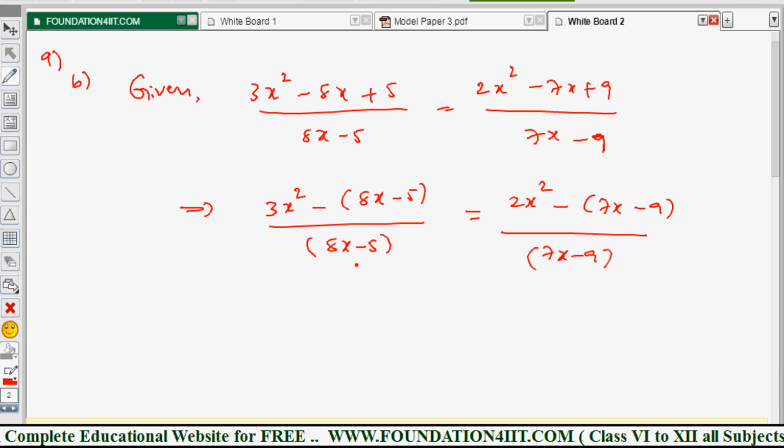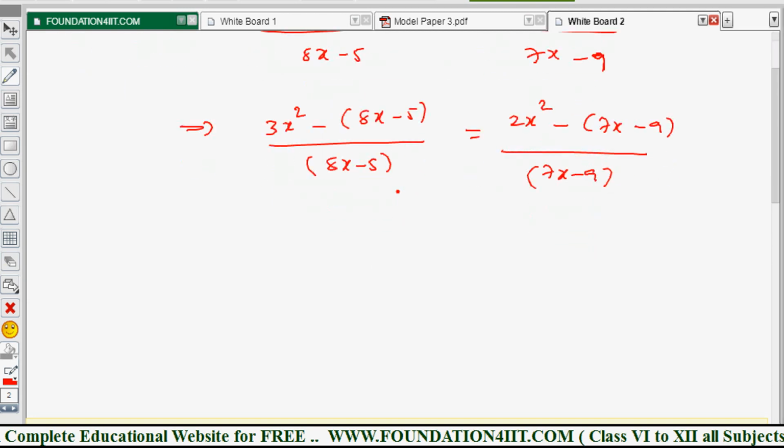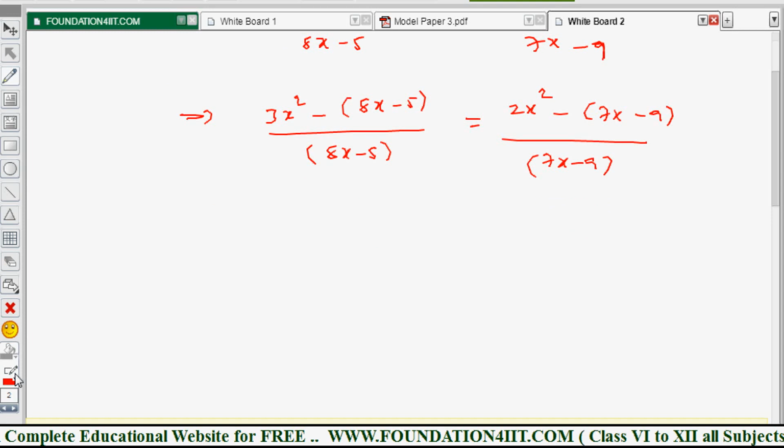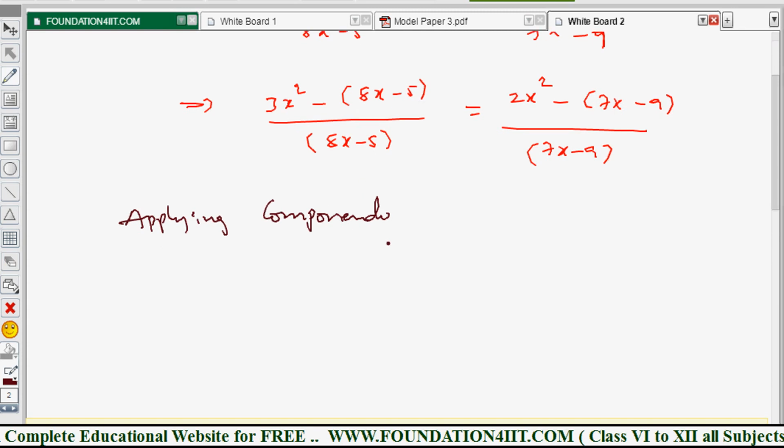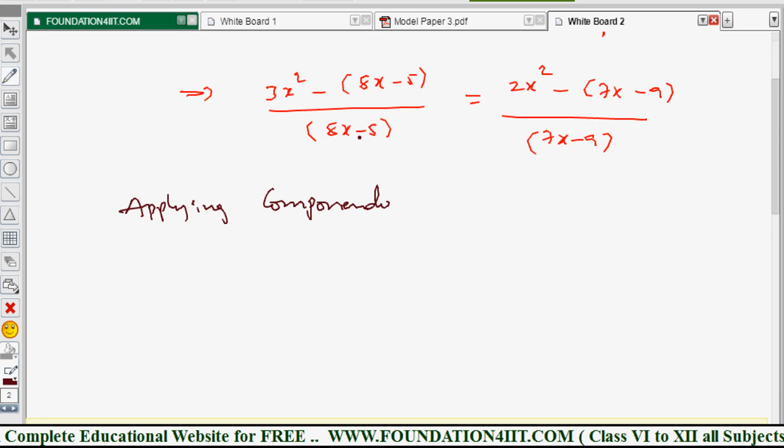So here 8x - 5, the denominator also 8x - 5 is there, so I can apply componendo. You should know the properties of applying componendo and dividendo. That is, we add the numerator and denominator, with the denominator as it is. So the componendo rule is that the numerator and denominator should be added.